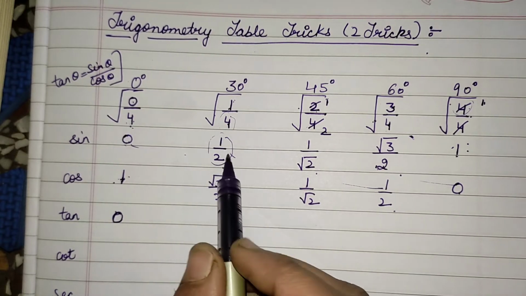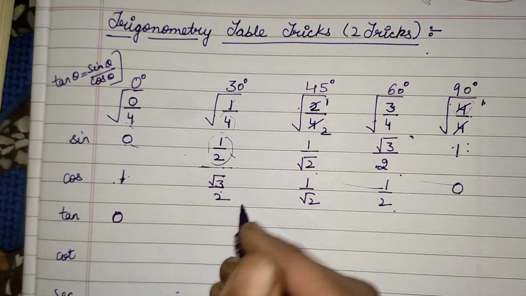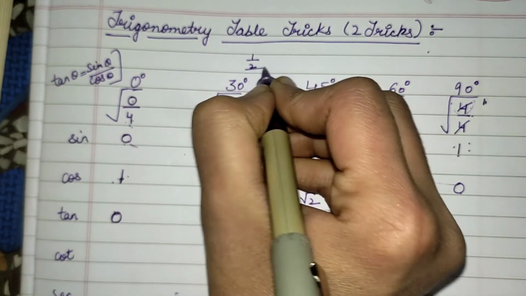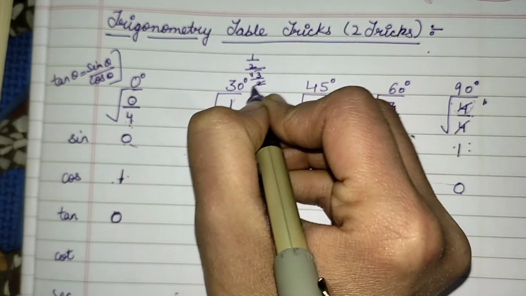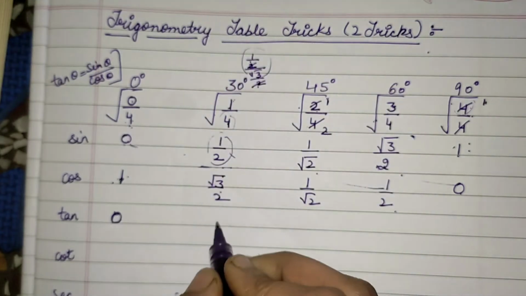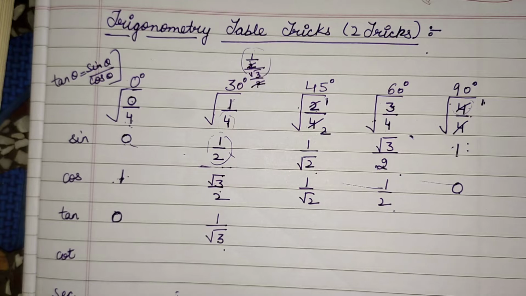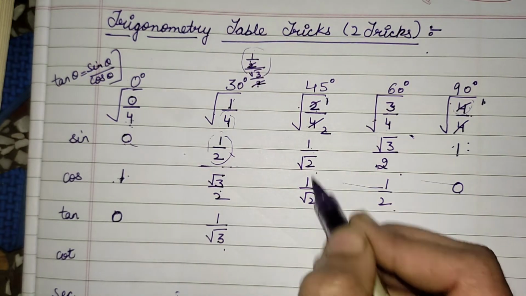Next, 30 degree will be 1 by 2 divided by root 3 by 2. The 2 and 2 will get cancelled out, and what will be left is 1 by root 3.